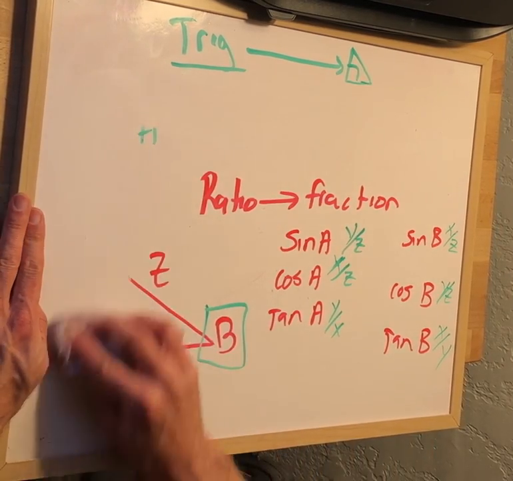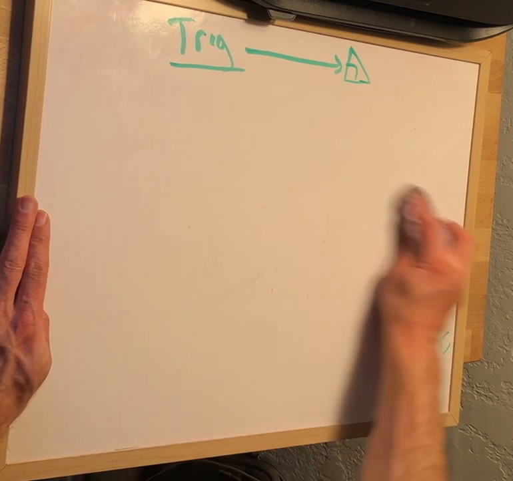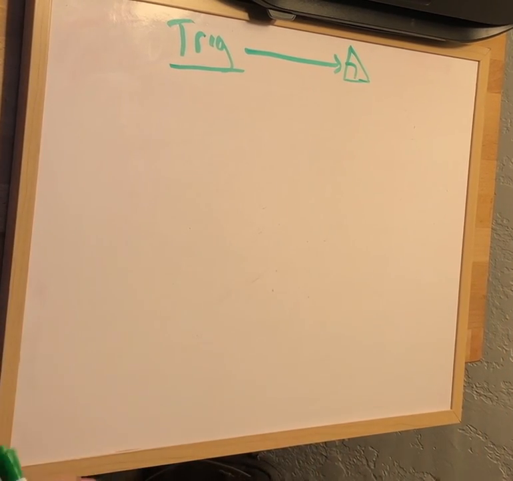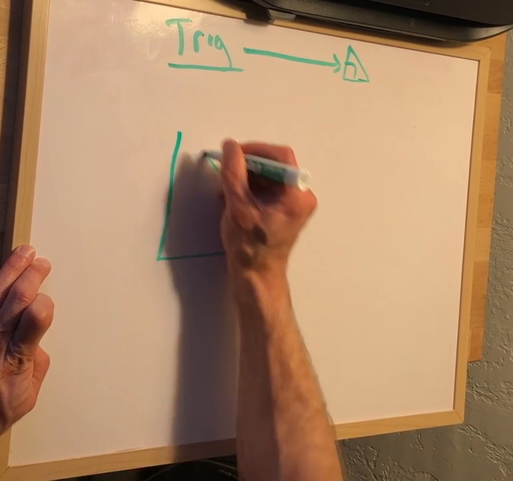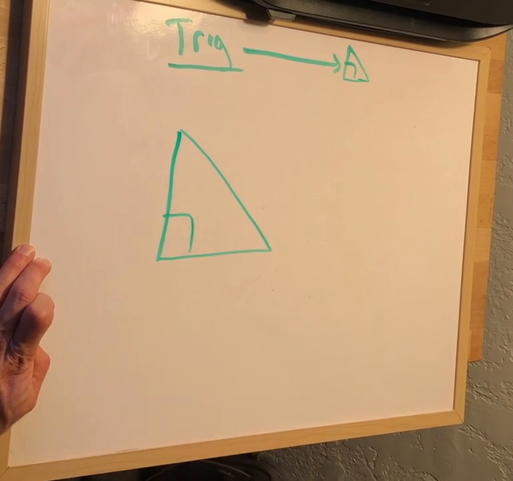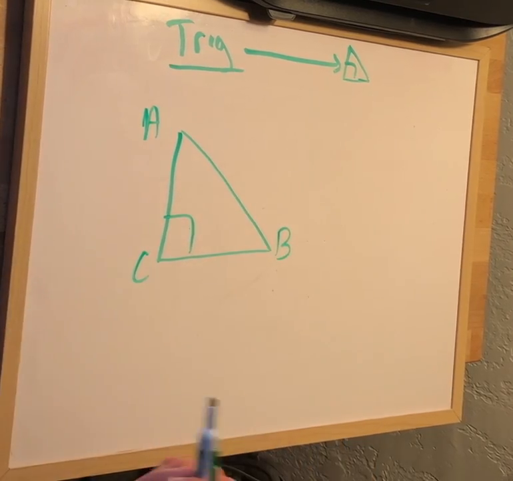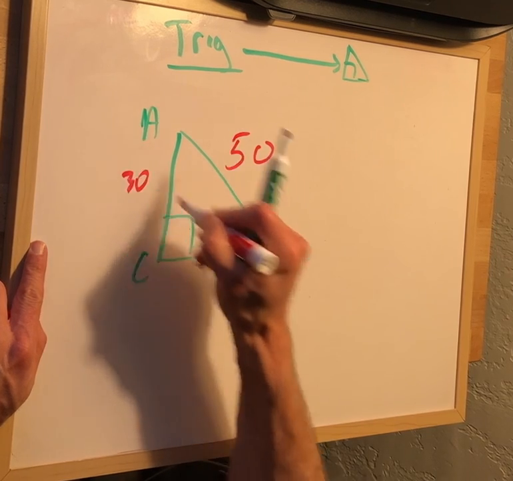Then when we got into a little more detailed stuff about trig, you had to actually write these as numerical fractions. So look at the example that I give you. A, B, C, and I say if your hypotenuse is 50, this is 30, and this is 40.